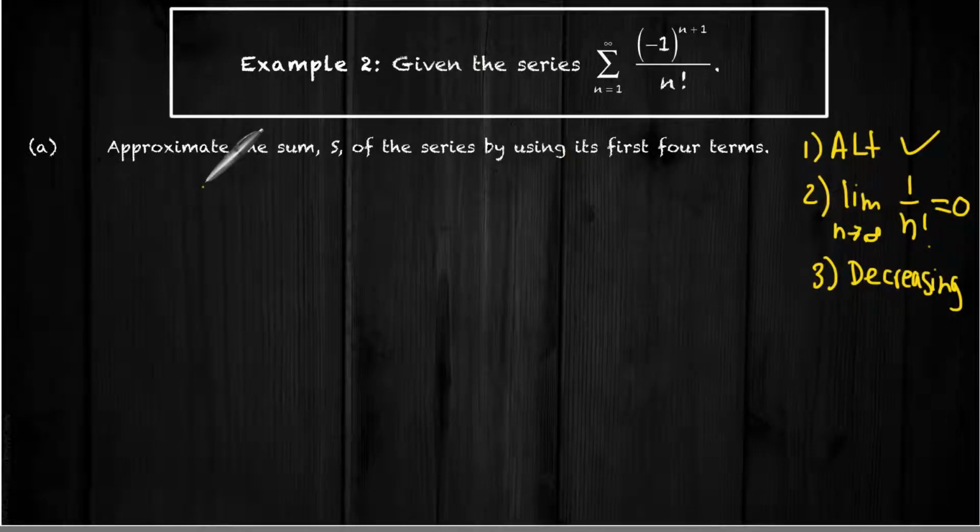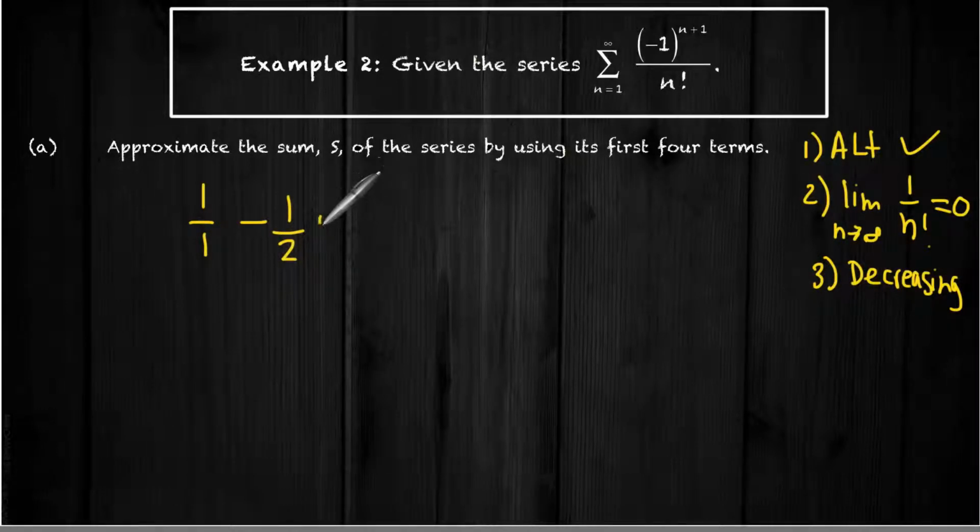So we're going to plug in n equals 1. And when we plug in n equals 1, we get -1 squared, which is 1, over 1 factorial, so 1 over 1. And then n equals 2 is going to give us 2 plus 1, that's 3. That's negative 1 to an odd power. So that's going to be negative 1 over 2 factorial, which is 2.